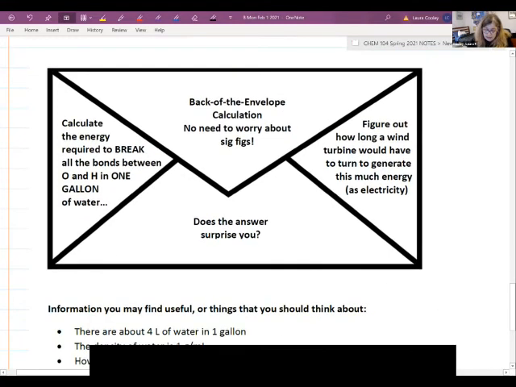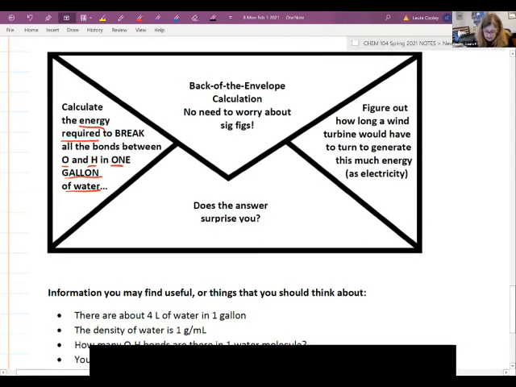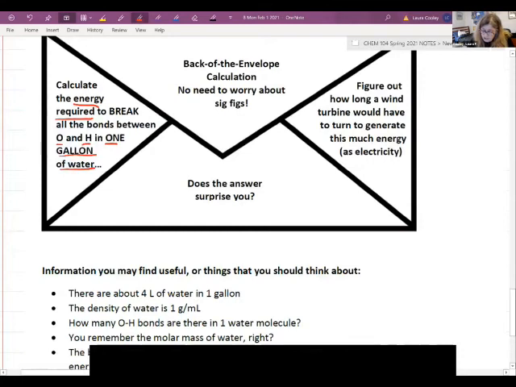Here's the back of the envelope calculation. On one hand, you're going to calculate the energy required to break all the bonds between oxygen and hydrogen in 1 gallon of water, and I'm going to give you everything you need to calculate that. On the other hand, you're going to figure out how long a wind turbine would have to turn.